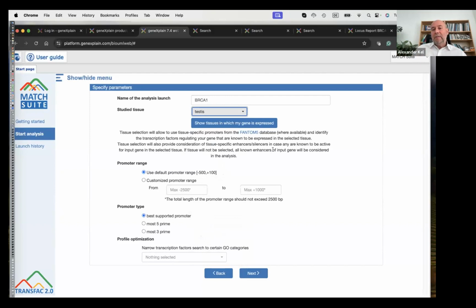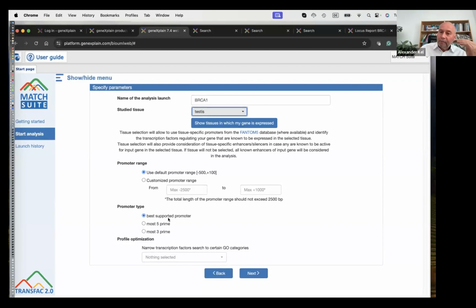And then the system knows which promoter is testis specific for that particular gene, for BRCA1, and will take the transcription start site from that, which is known to be specific for that tissue. And this information is taken from the FANTOM database, actually. And you can take this promoter.